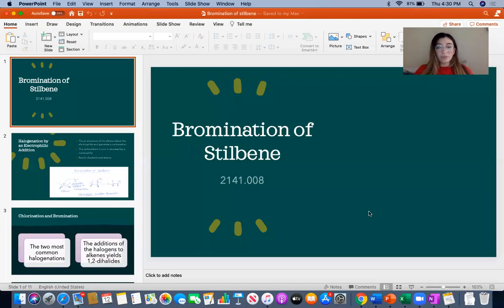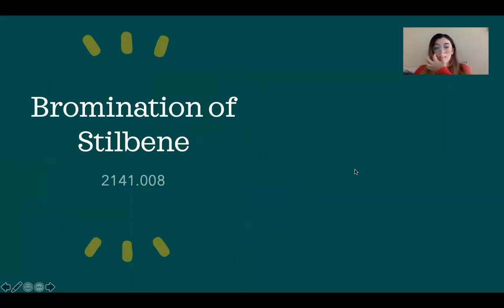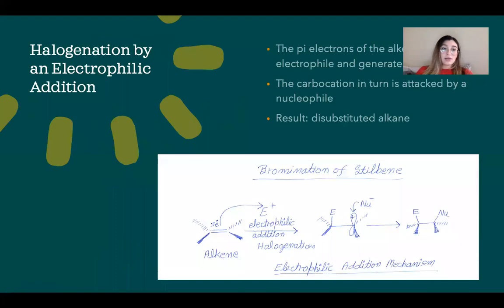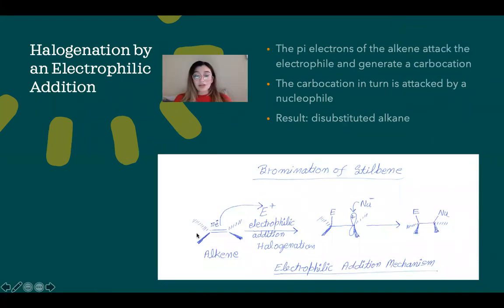Okay. Let's get started. So we're going to be doing bromination of Stilbene for Lab 8. And it basically involves a reaction called halogenation by an electrophilic addition, where the pi electrons of the alkene attack the electrophile and generate a carbocation that we can see right here.